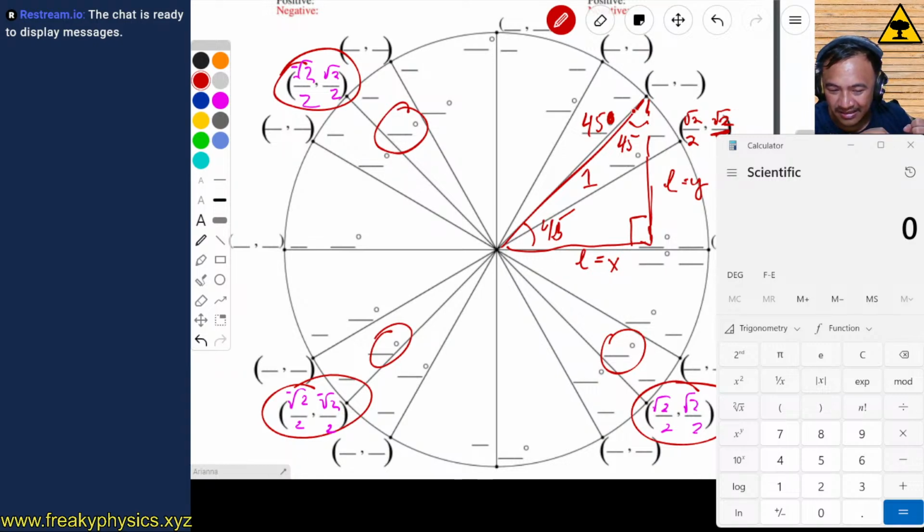How about the angles? So this one's 45. 45 plus 90 is 135. Then 180, 225, and then 270, 315.